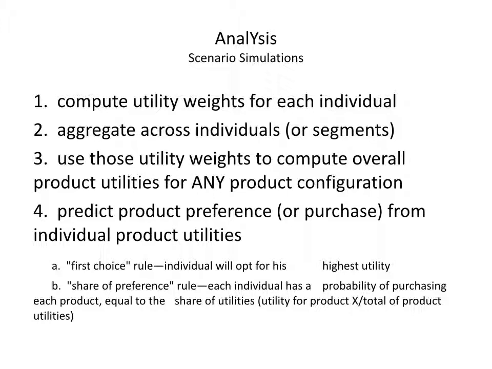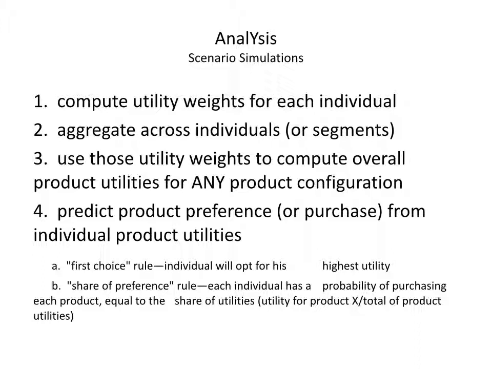The second approach presumes there's a discrete choice, a probability of choice. It's called the share of preference rule. So we say that each individual has a probability of purchasing each product, and that's equal to the share of utilities.